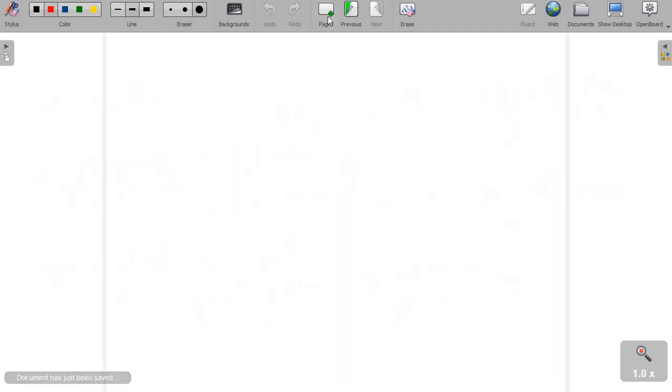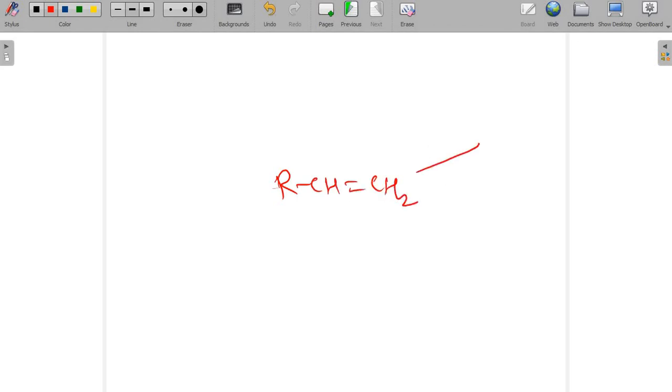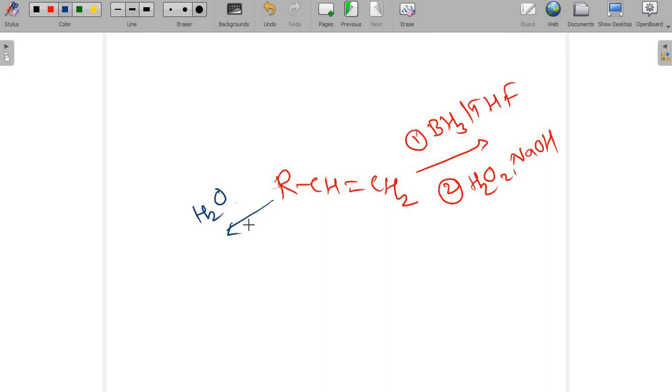Let us sum up this reaction with 2 different concepts, Markovnikov's and anti-Markovnikov's addition across the carbon-carbon double bond. Here suppose this is RCH=CH2. This on reaction with first BH3 THF followed by hydrolysis. What is the product? And the second one, that is H2O in presence of H2SO4, means acidic condition hydrolysis.